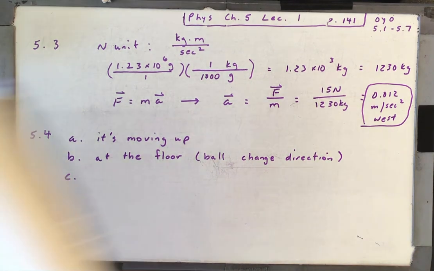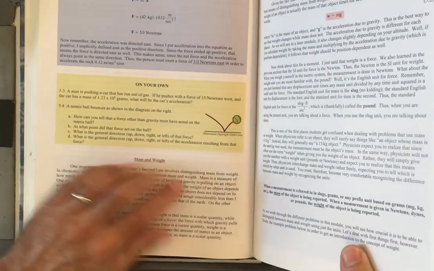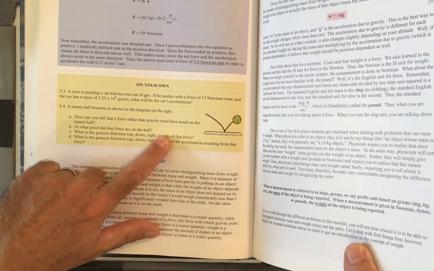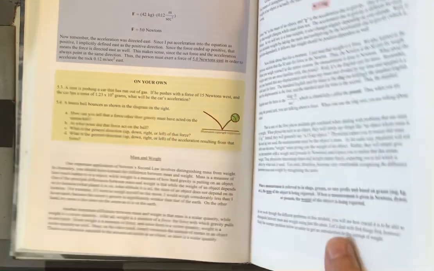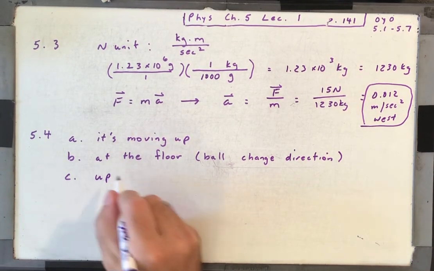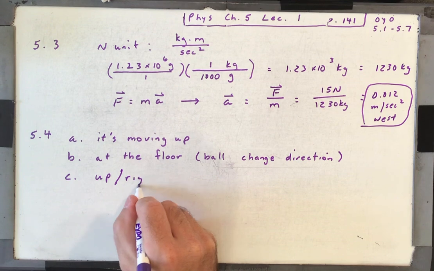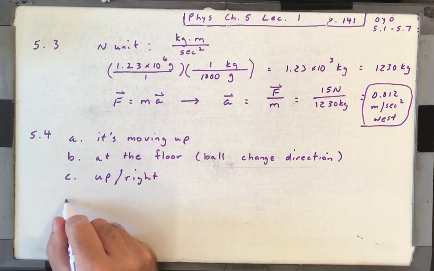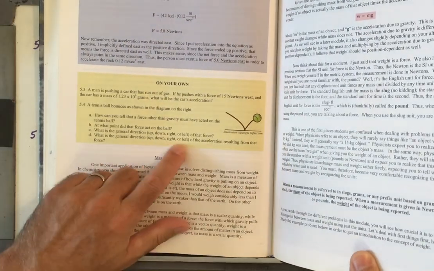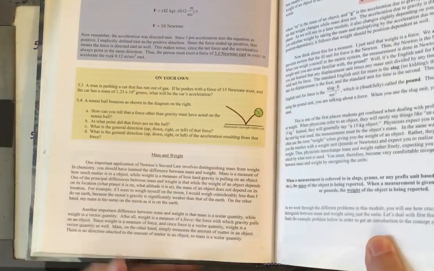All right, part C. What is the general direction, up, down, right, or left, of that force? Well, the general direction would be up and a bit to the right. So I'm going to write up and right, because it's not just straight up, is it? And then part D says, what's the general direction, up, down, right, or left, of the acceleration resulting from that force?